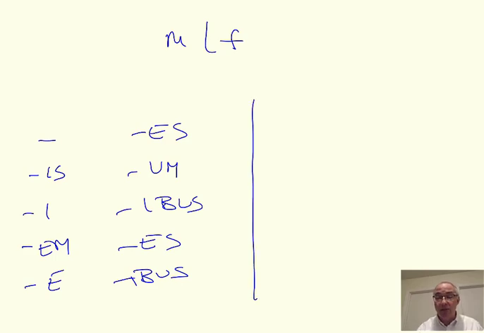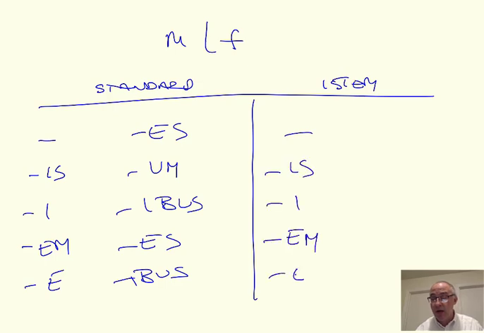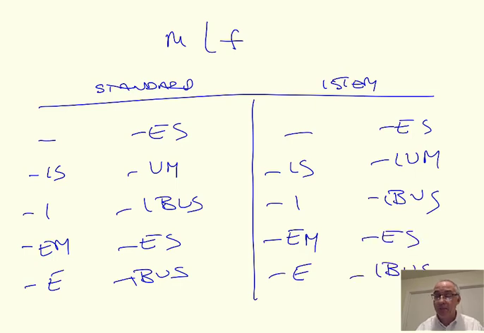For I stem nouns, these are standard except right here in the genitive plural, I-U-M. For the masculine and the feminine, that is the only difference in an I stem. So yes, I'm spending a whole chapter to tell you that certain words in Latin, based on certain rules, add an I in the genitive plural with masculine and feminine nouns.